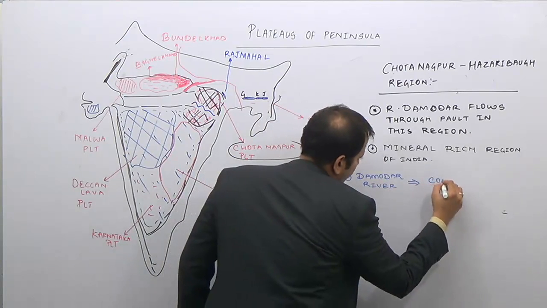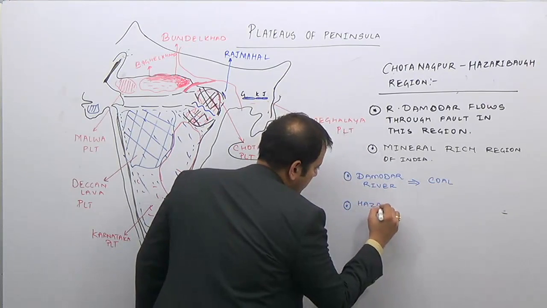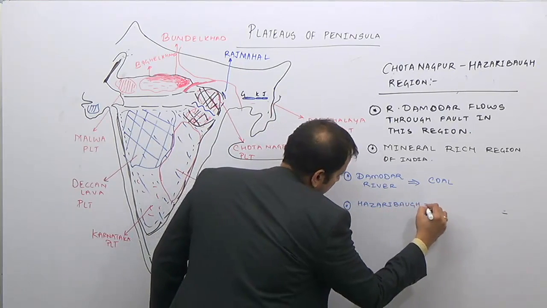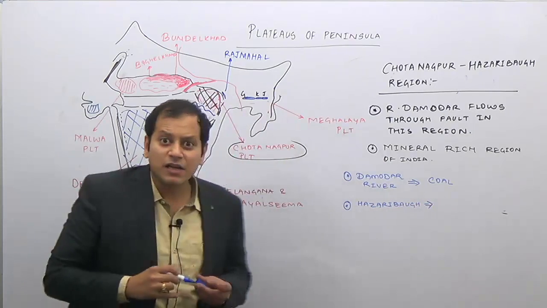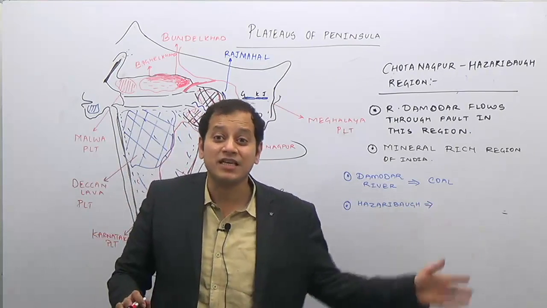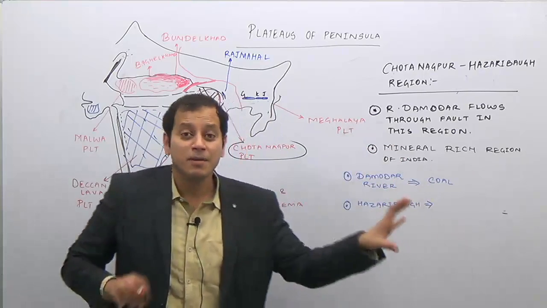We have coal. The Hazaribagh Plateau region has one of the largest deposits of mica in the world, and obviously one of the richest deposits of mica in India.